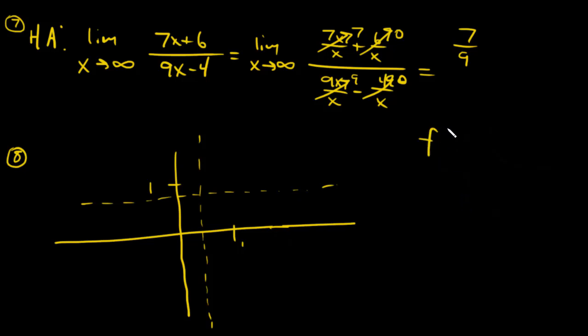What was my f prime? f prime of x was equal to 26 over (9x - 4) quantity squared. Now, no matter what values I plug in for my x here, it's going to get squared, so it will be positive. Positive over positive is positive. So I know both slopes are positive, so it has to look like this.